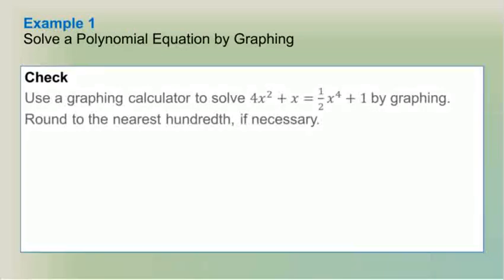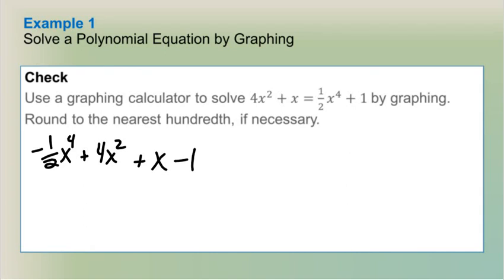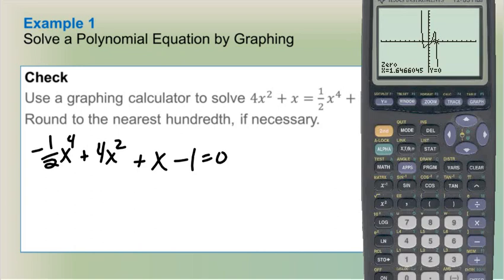Next, use the graphing calculator to solve this one. This is round to the nearest hundredth if necessary. So I'm going to move everything to the other side. I would have negative 1/2 x to the 4th plus 4x squared plus 1x minus 1. This is going to equal 0. So I'll grab our calculator.